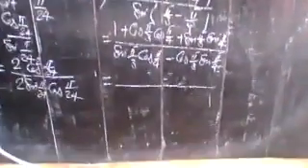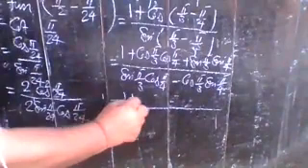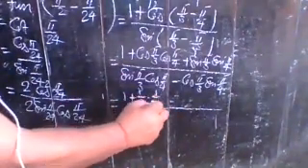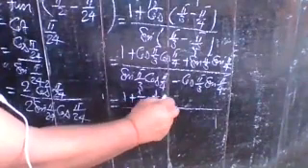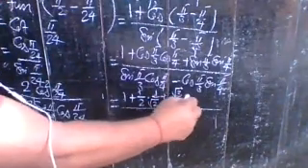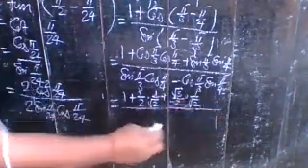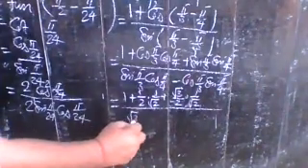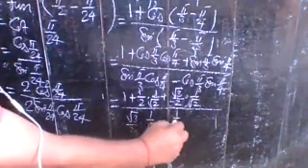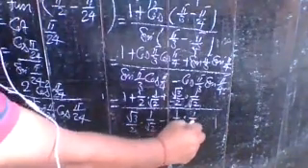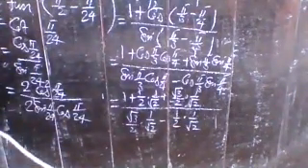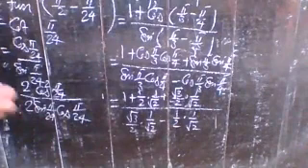What is the value? 1 plus cos pi by 3 is 1 by 2 into 1 by root 2 plus root 3 by 2 into 1 by root 2. In the same way, in the denominator, root 3 by 2 into 1 by root 2 minus 1 by 2 into 1 by root 2. So the LCM of the numerator and denominator portions is 2 root 2.